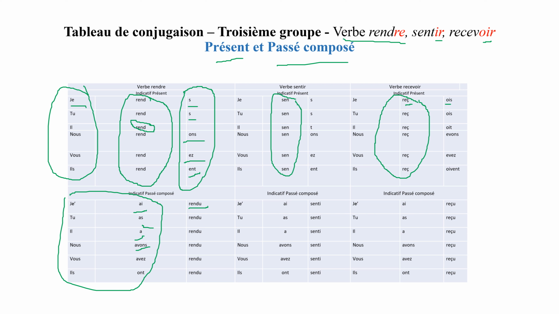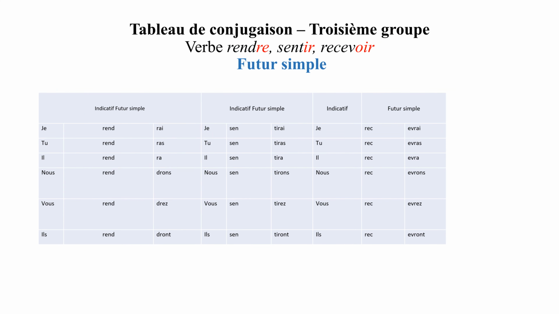And here for the verb sentir, le participe passé c'est senti, and for the verb recevoir, le participe passé c'est reçu. These two here remain the same. All you need to do is change the participe passé of the verb.